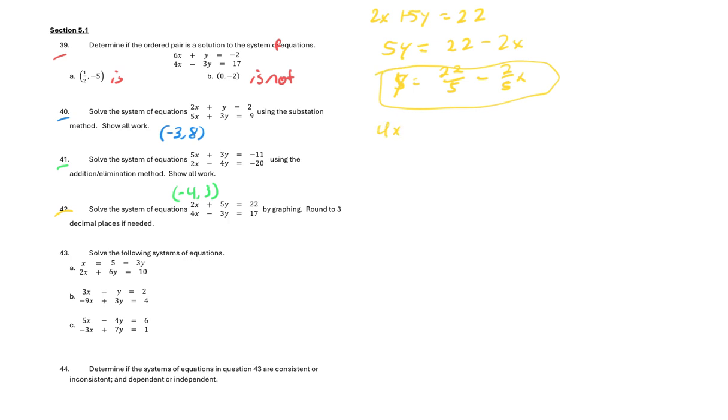And do the same thing for our second equation. So subtract 4x from both sides, we'll get 17 minus 4x. Divide both sides by -3, so -17/3 plus 4/3 x. And that's our second equation.